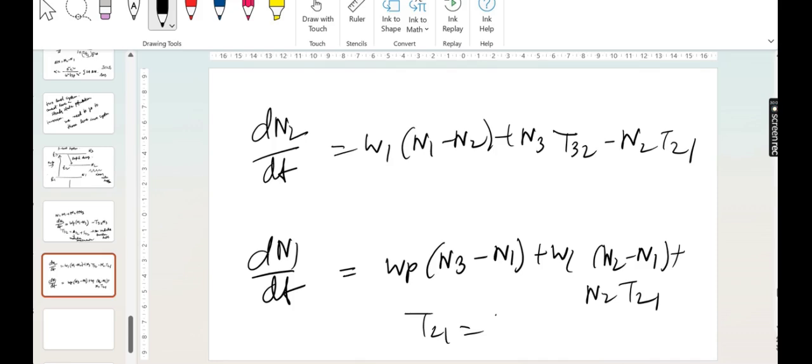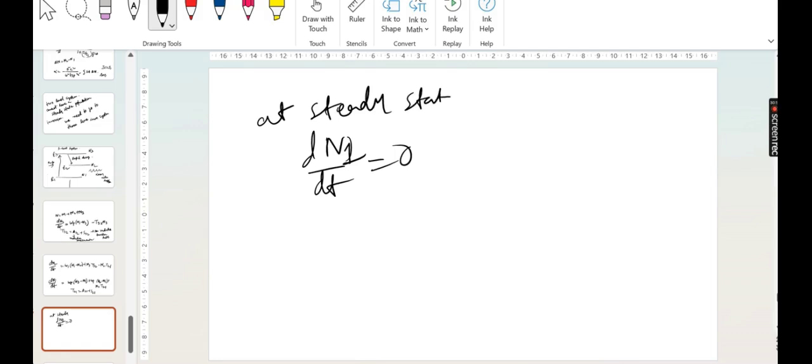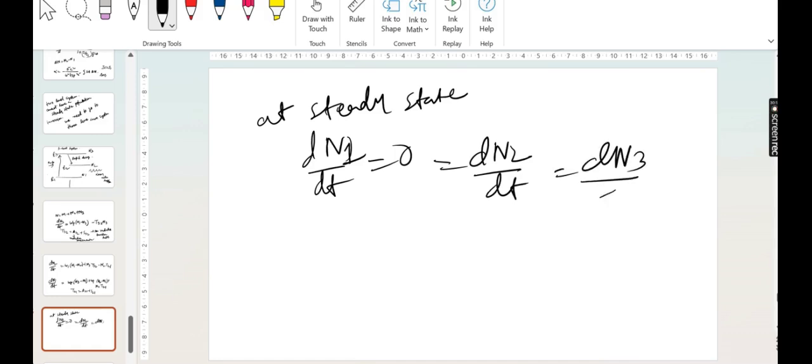So T21 is also A21 plus S21, and again the same drill: dN1/dt at the steady state is equal to dN2/dt is equal to dN3/dt.